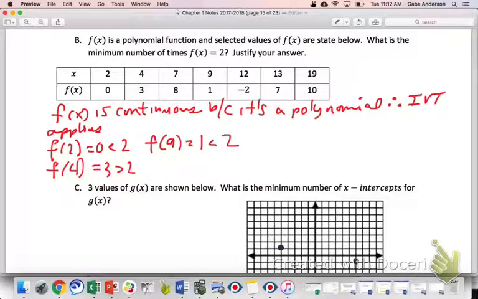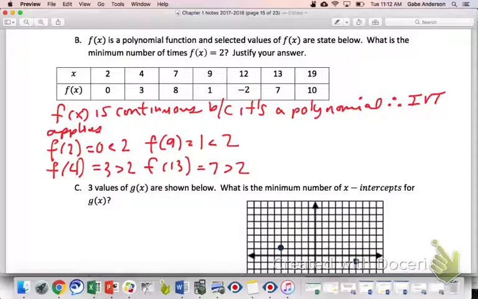Maybe there's more. Are there any indications that y goes above 2 again? 13, yeah. So f of 13 equals 7, which is bigger than 2. So there is yet another time. Is there any indication now that we're above 2 that we're going to go back below 2? There's not.